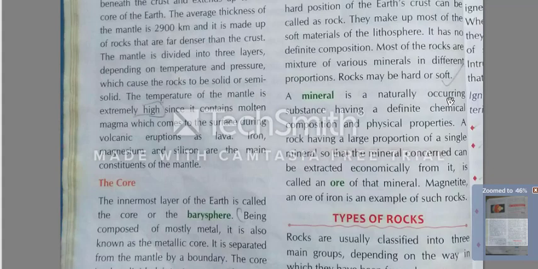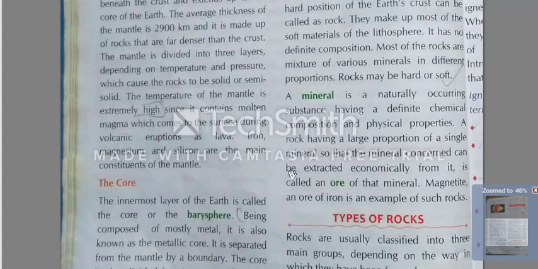Occurring means eventful, E-V-E-N-T-F-U-L. In Hindi, it is called घटने वाला. So the object which we got, occurring naturally but with a fixed chemical and physical properties, is known as a mineral.